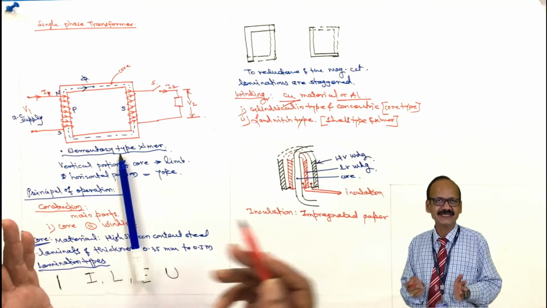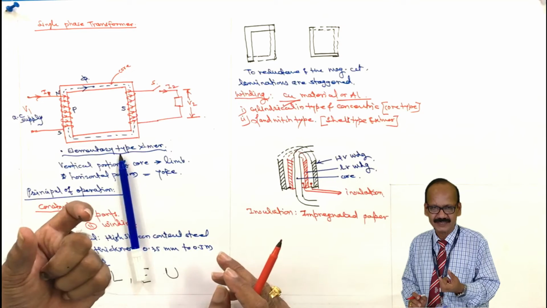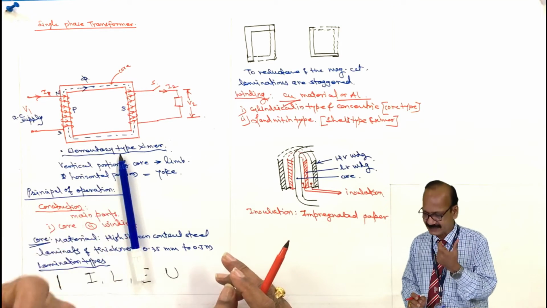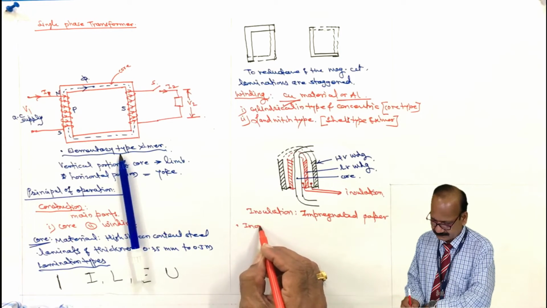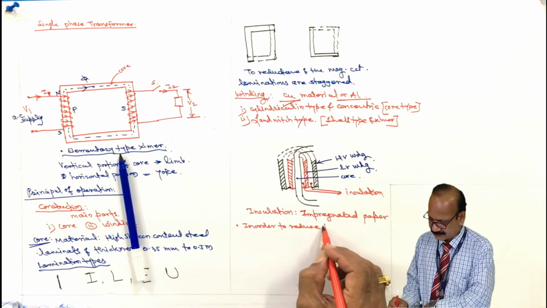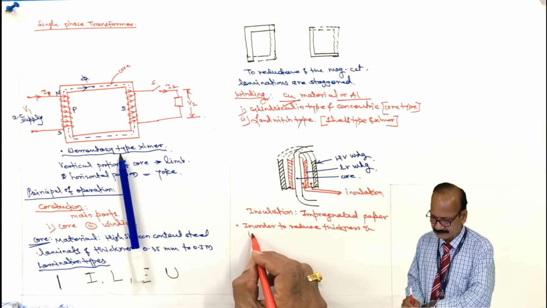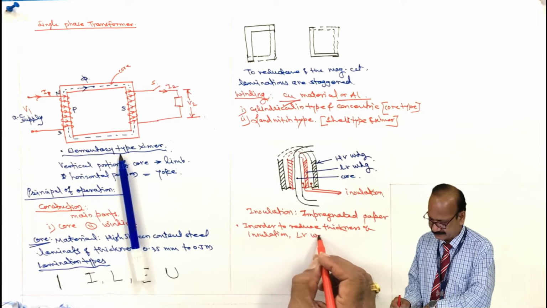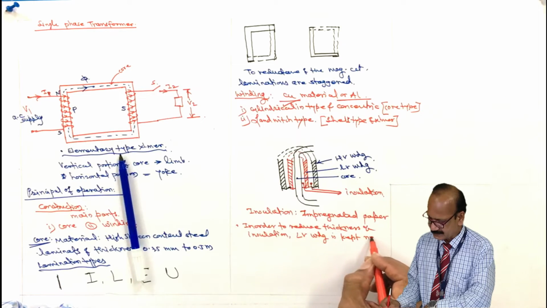Now why is the LV winding kept near the core? Because the LV is low voltage, the thickness of the insulation required will be less. So in order to reduce the thickness of the insulation, the LV winding is kept near the core.